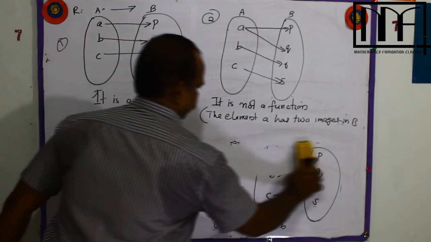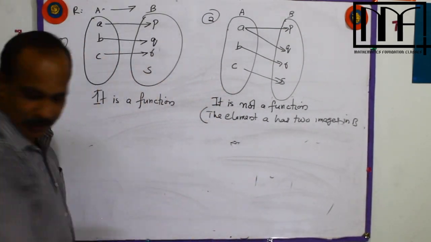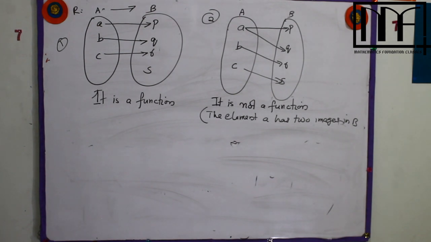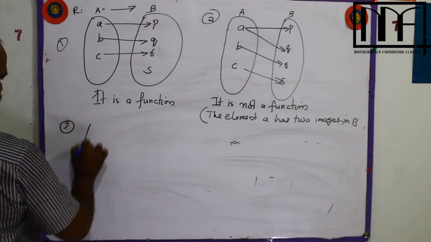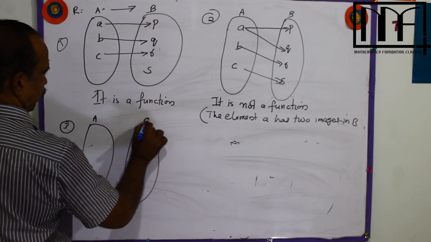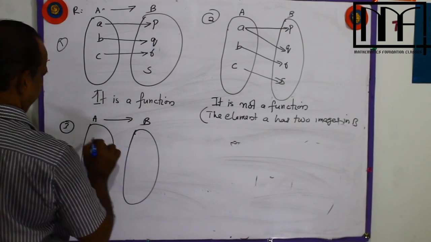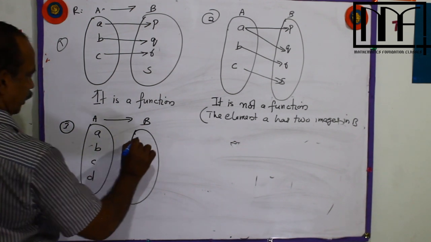Another example, example 3. A relation from A to B. A has elements A, B, C, D. I have taken one more element here.